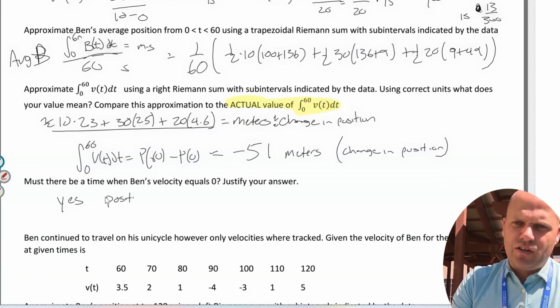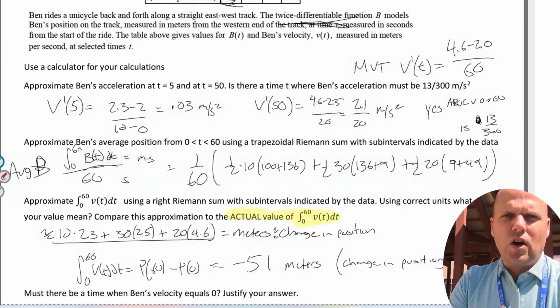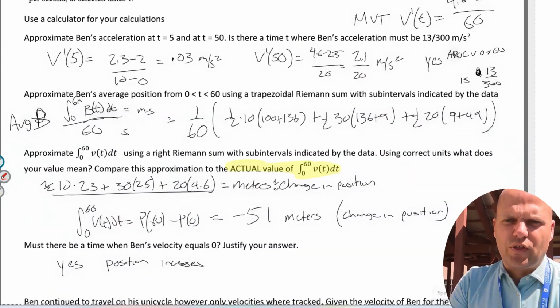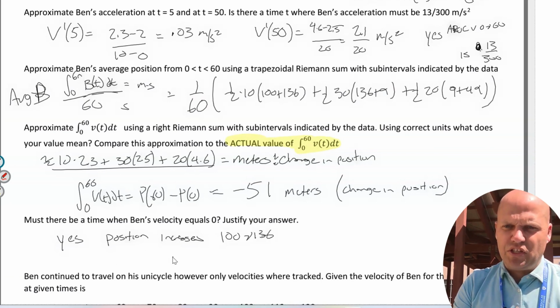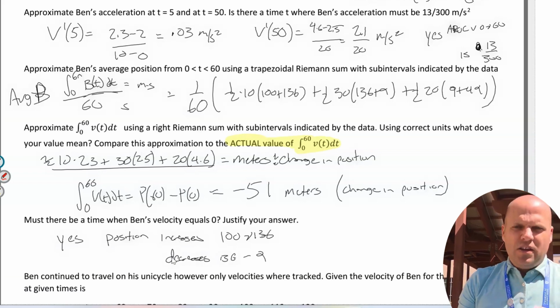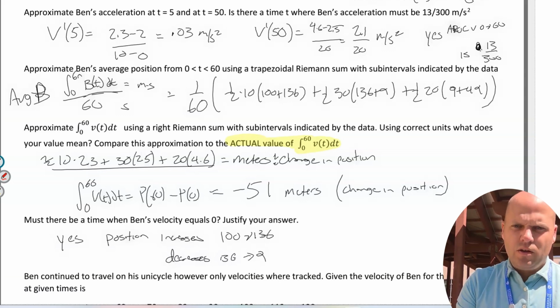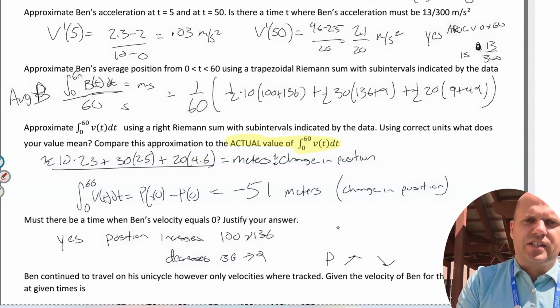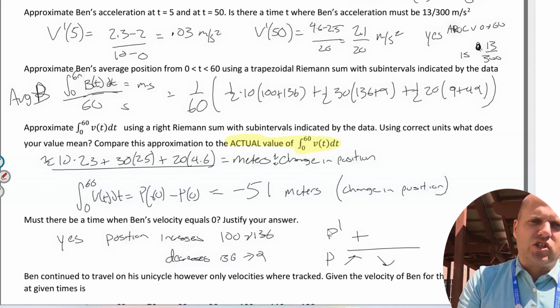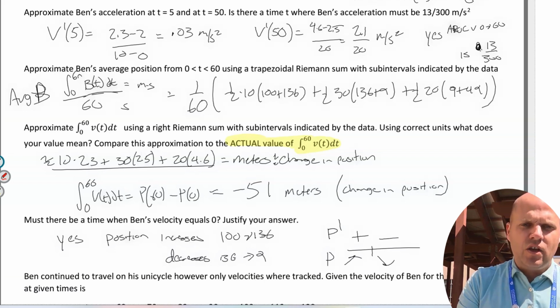my position increases from 100 to 136. And then my position decreases from 136 to 9. If your position increases, then decreases, your derivative must change from positive to negative.